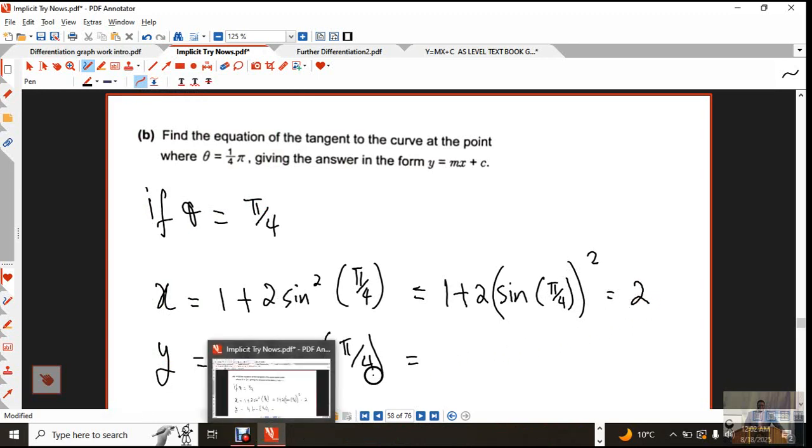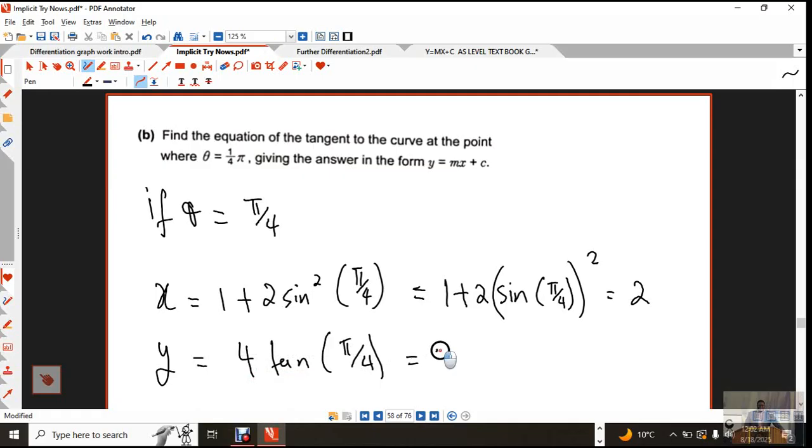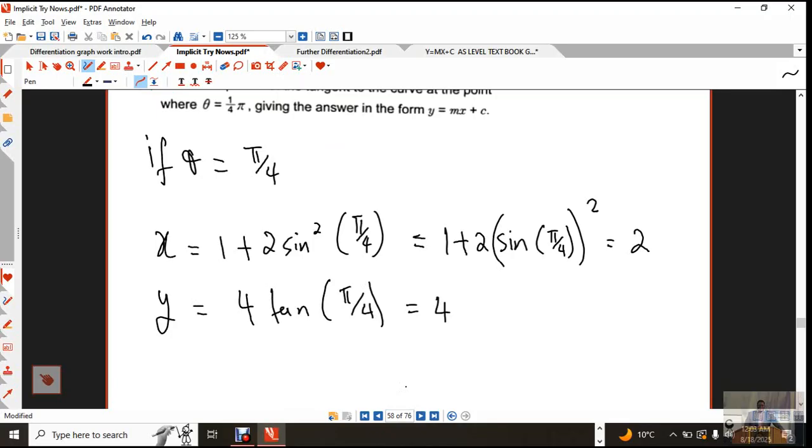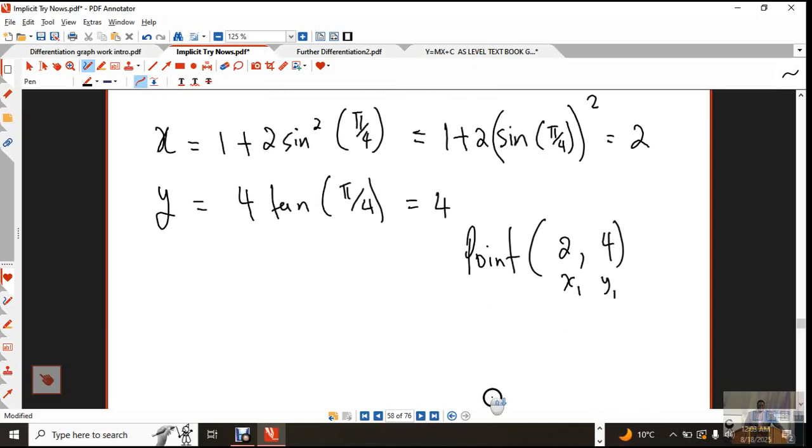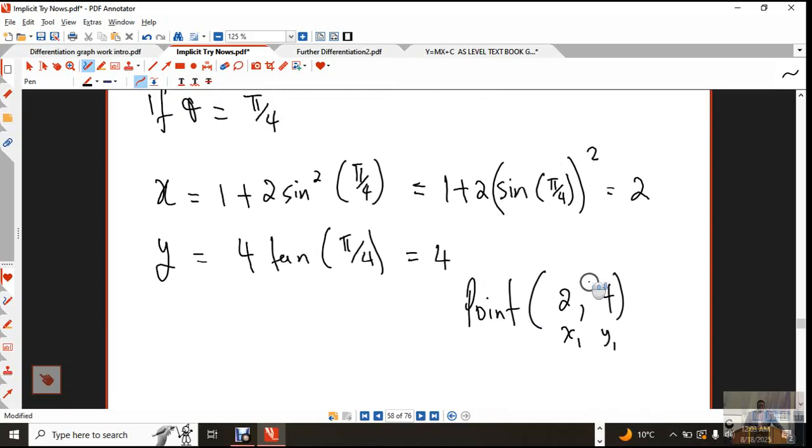And the value of tangent is just going to be 4 because tangent of 45 degrees is 1, and 1 times 4 is 4. That you should know. So what is our point then? Our point is 2, 4. This is x sub 1 and that is y sub 1. What is it that we need to do? We need to find the derivative at theta equals pi over 4.